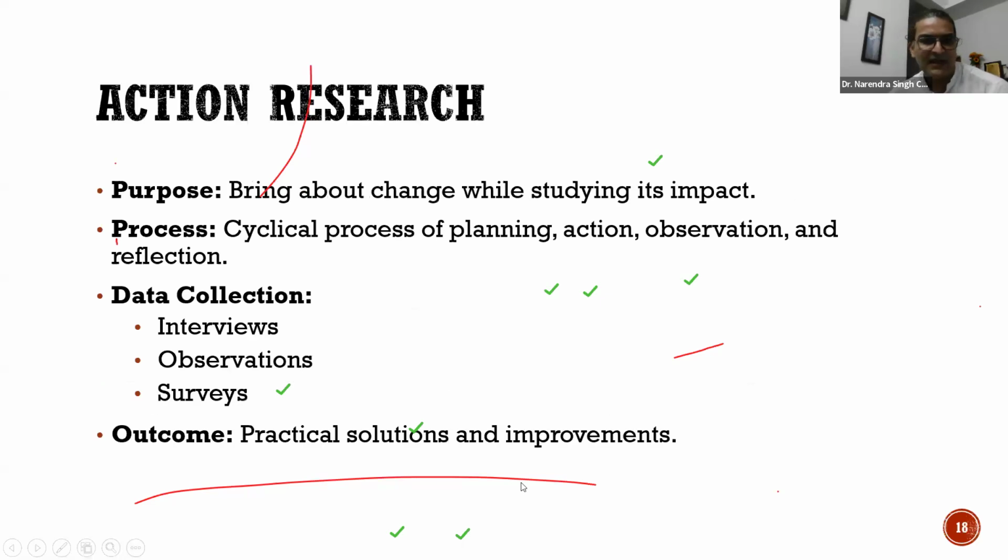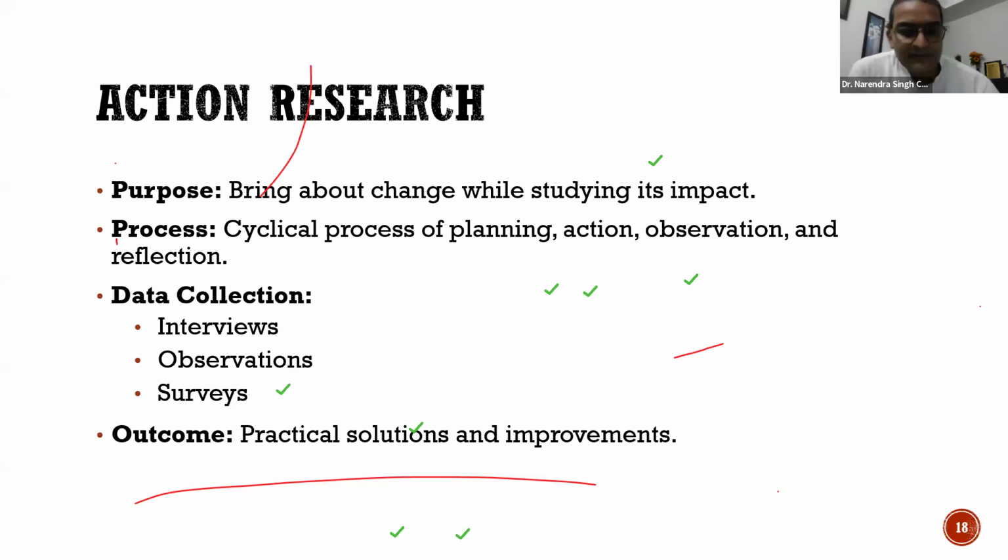So after that, then action research. So for example, bring about change while studying its impact. Largely the OD experts have used this cyclical process of planning, action, observation and reflection. So largely you're taking interviews, observations, surveys, for practical solutions and improvements. I'll give you one recent example.